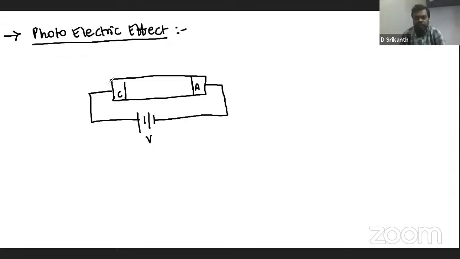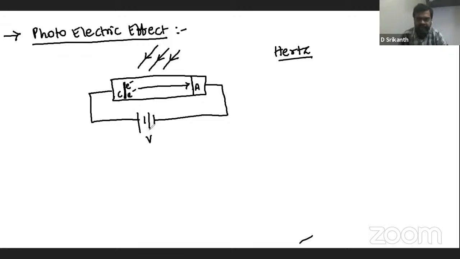Now, before going to the photoelectric effect, we have two statements. The first one is Hertz's statement. Hertz explained that whenever a microwave radiation is incident on the metallic surface, electrons residing at the cathode will be emitted and reach the anode.